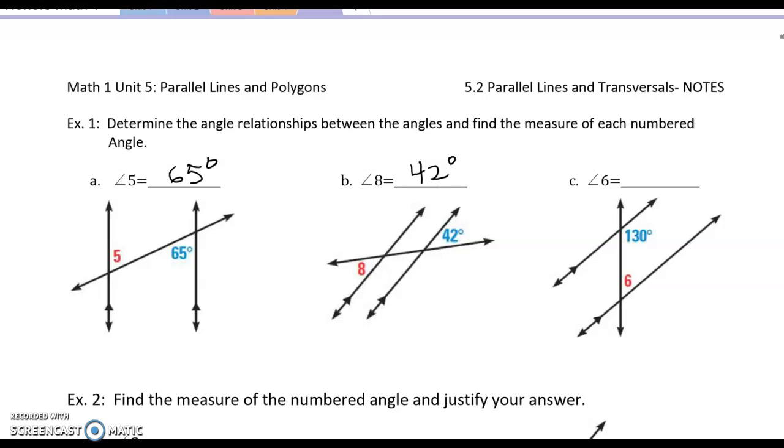So therefore, angle 6 measures 50 degrees. Because when a transversal line intersects parallel lines, the same side interior angles are supplementary.